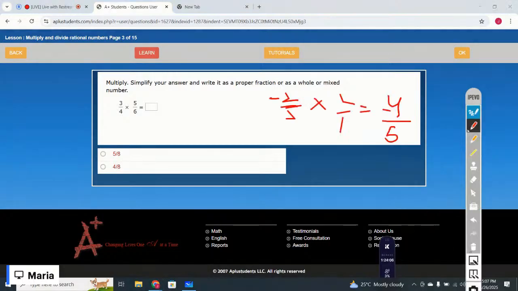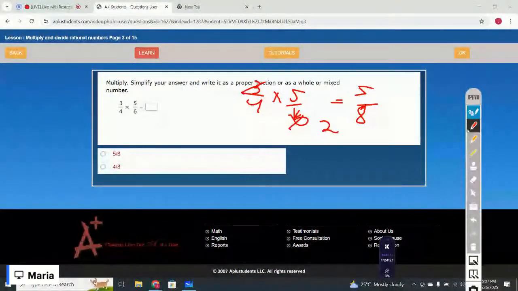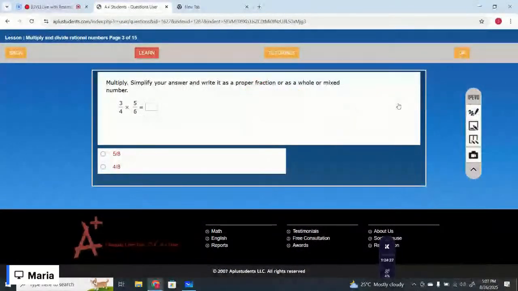Three over 4 times 5 over 6. The correct option is 5 by 8.